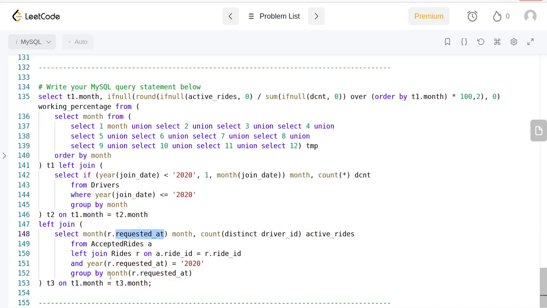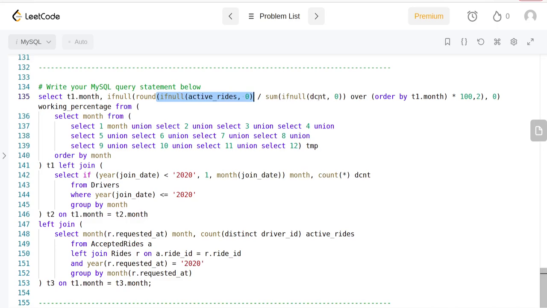Once we have these three columns, we don't want to change the first column, so we return t1.month. For the second one, what we need from t2 is the drivers count, which is going to be the denominator. The numerator is the active rides, coming from t3. Active rides divided by the drivers count, and if the top or the bottom is null, we take 0.